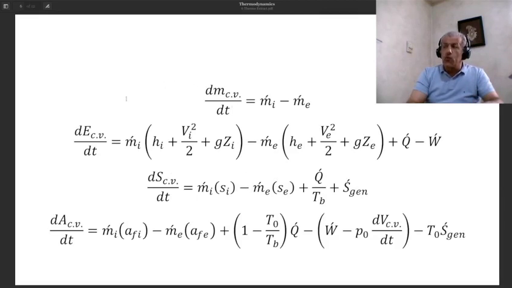There are three properties inside the control volume: mass, energy, entropy. How do they change? They change with the mass in and with the mass out. What else can change a property inside a control volume through a process? These are three: heat transfer, work, entropy generation.